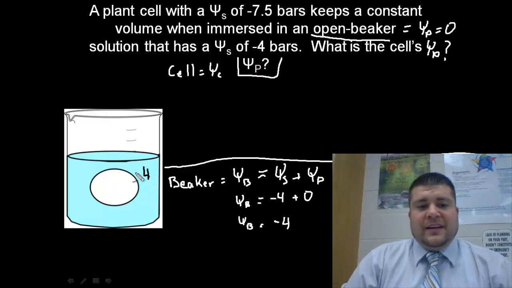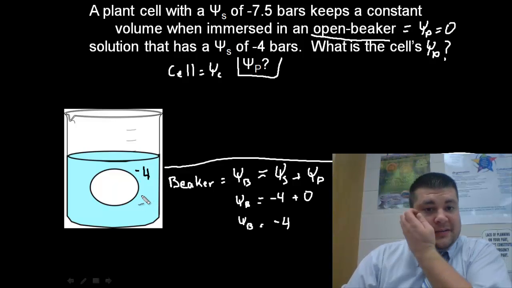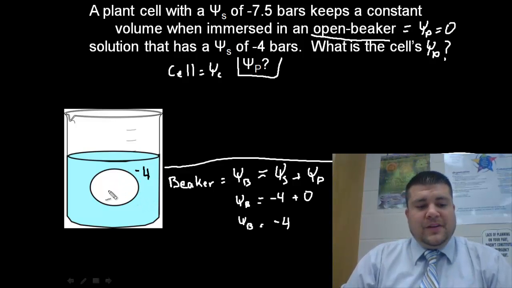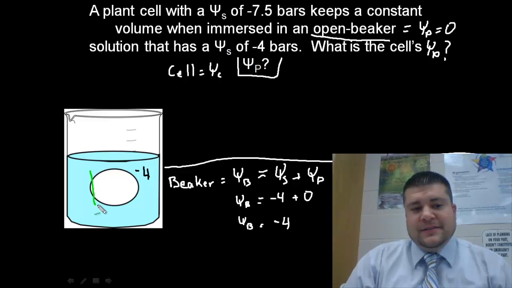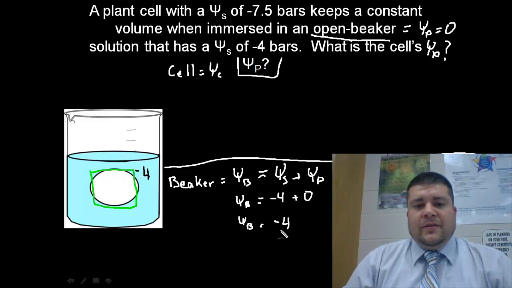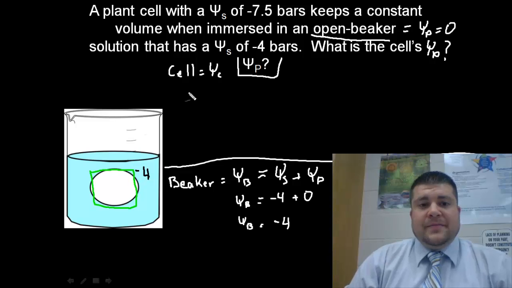So we already know that the negative 4 is outside of the cell. Oh, and I guess this is a plant cell as well, so let's put a little cell wall around it. So we know that the beaker is a negative 4 psi. Now we need to figure out what the cell is. Well, it tells us that the plant cell has a psi solute of negative 7.5.